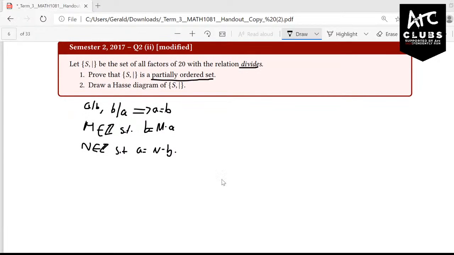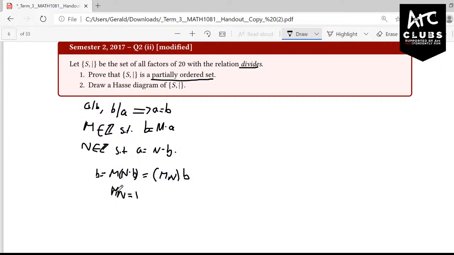So from here, what we want to do is plug one of the equations into the other. So B equals m times, well, A can be written as n times B. So we can just replace A with n times B, and we can simplify it like this: m times n times B. So what that means is m times n should equal 1.